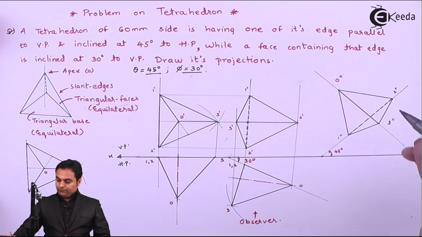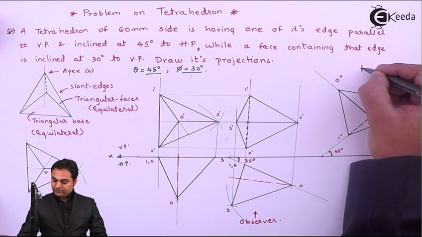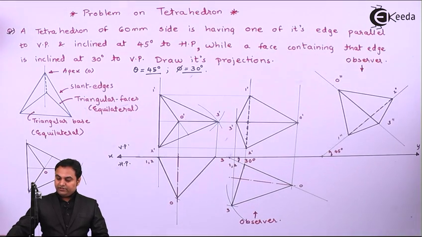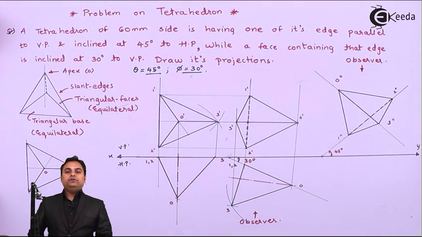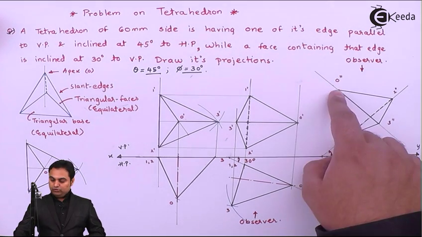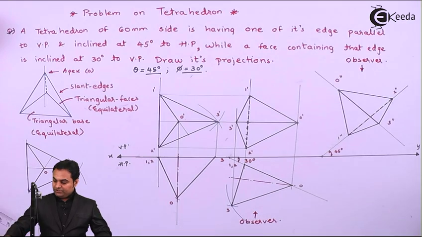Next I have to draw the top view, and for that the observer is here, fixed here. So if we are observing the tetrahedron from the top, those points need to be projected first which are closer to the observer. So if we see here, O double dash is closer, that will be projected first.